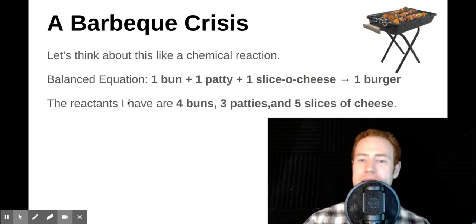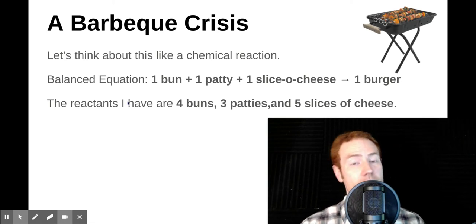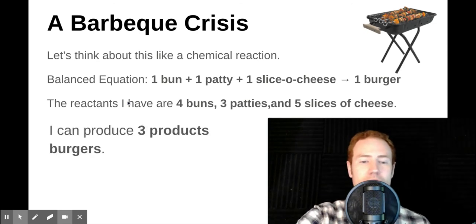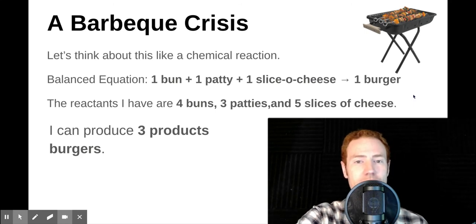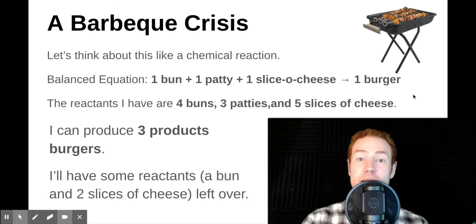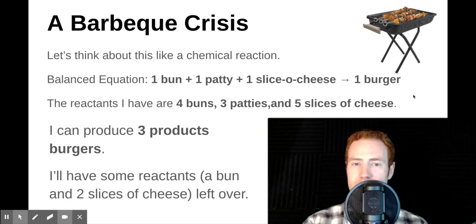So the bun, the patty, and the slice of cheese are the reactants, and the burger is the products. So the reactants that I have here are I have 4 buns, 3 patties, and 5 slices of cheese. So another way that we could say that I can make 3 burgers is say that I can make 3 products. I can produce 3 burgers. And I'm gonna have some reactants left over, the bun and 2 slices of cheese.